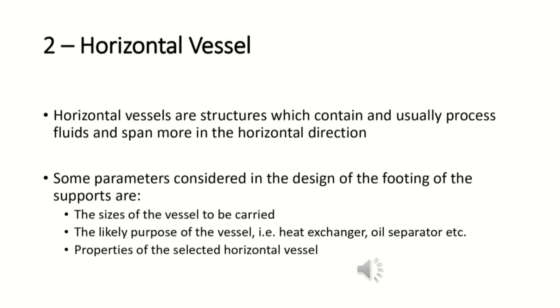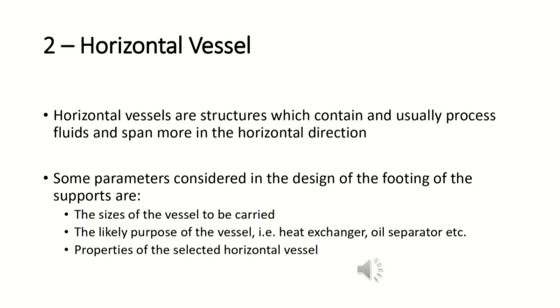Some parameters considered in the design of the footing of the supports are the sizes of the vessel to be carried and the likely purpose of the vessel. For example, it could be a heat exchanger or an oil separator. The manner in which the support of a heat exchanger moves is different from how an oil separator might move due to, for example, the bundle pull effect, which you will learn later.